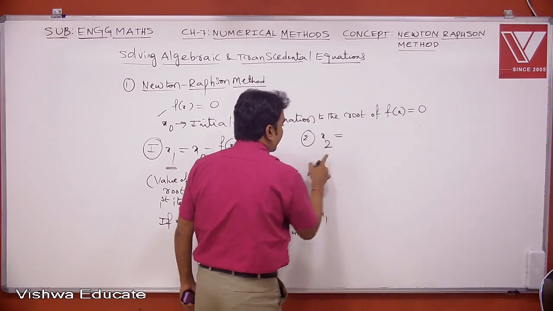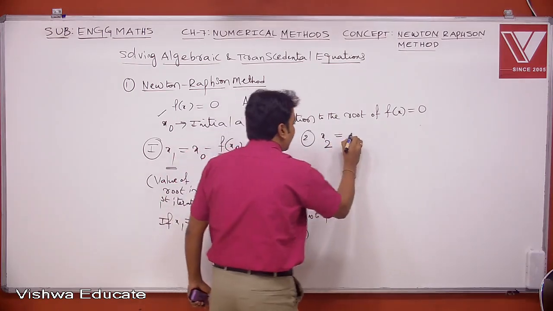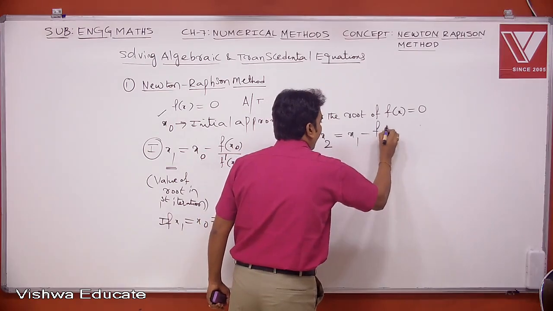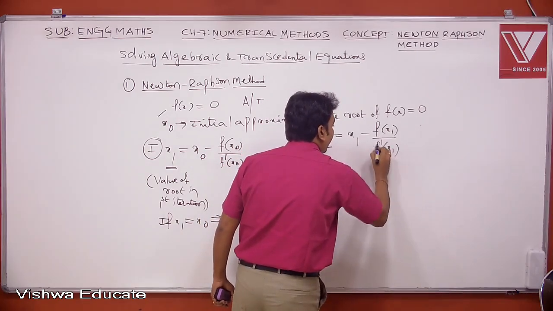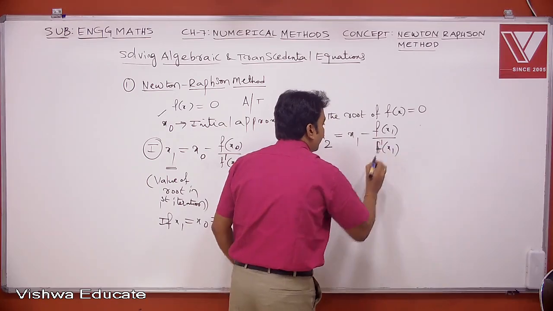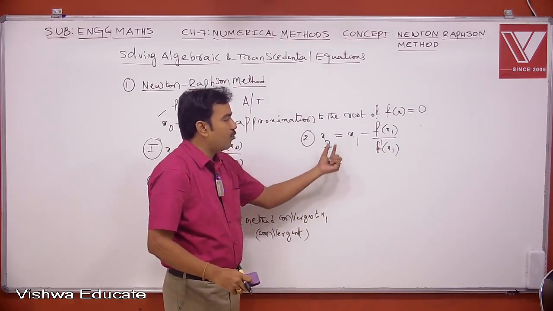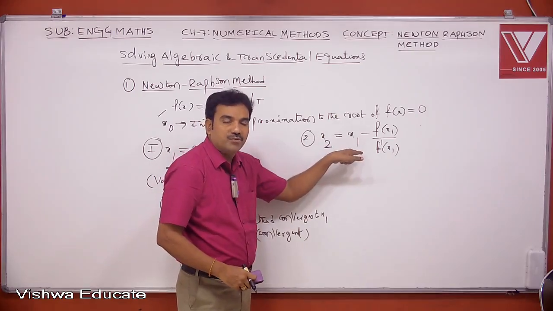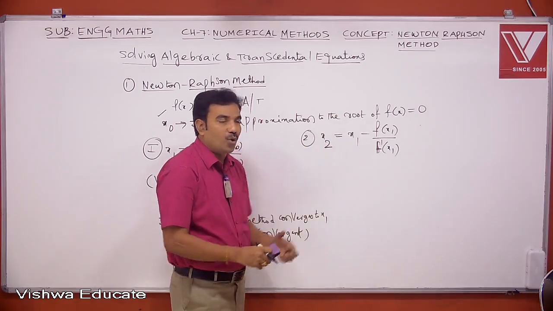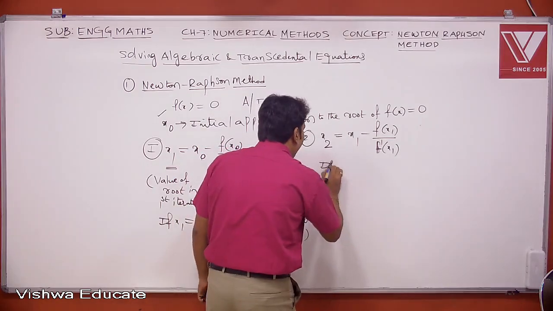So x2 represents the value of root in the second iteration and it depends on the previous value. So it is x1 minus f of x1 divided by f dash of x1. Current value must depend on previous value. Once x2 is over, compare x2 with the previous value.